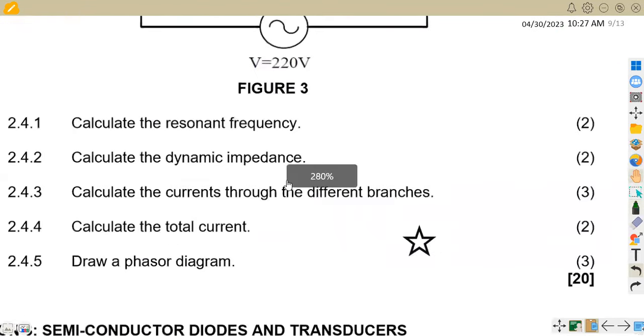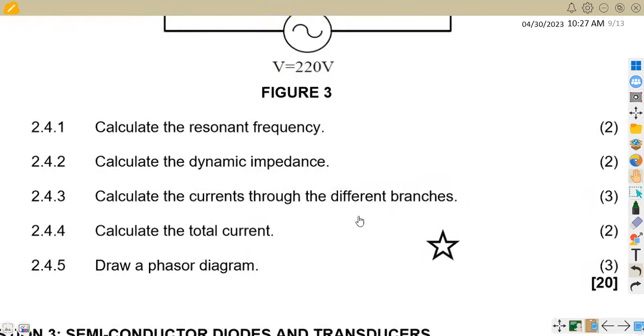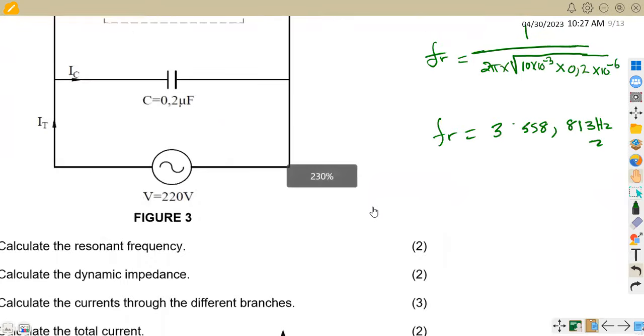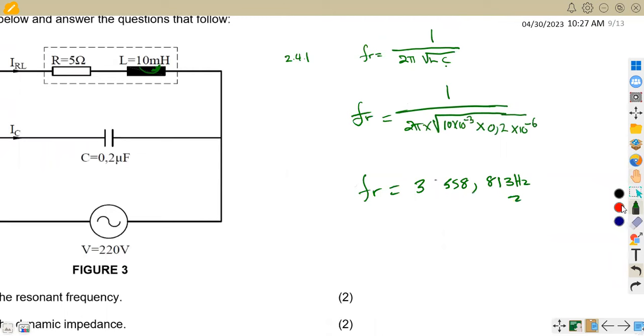Then the other part, which is 2.42, calculate the dynamic impedance, which is ZD. So the dynamic impedance can also be calculated, remember, from the formulas we are given, that's 2.42. The dynamic impedance is given as L over RC.